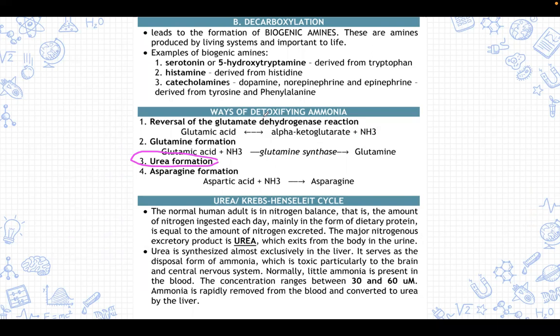And then, ma-maintain natin yung normal blood concentration of the ammonia in our body, which is around 30 to 60 micrometers. And then, the asparagine formation, it is the involvement of aspartic acid plus ammonia, magiging asparagine siya. So again, for the decarboxylation, and then these are the ways of detoxifying your ammonia.